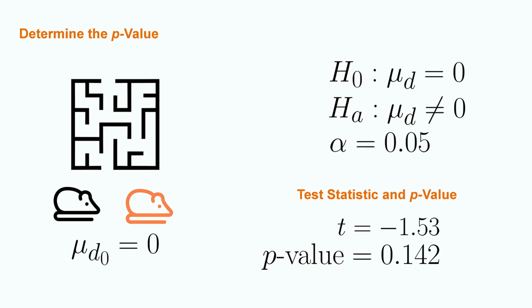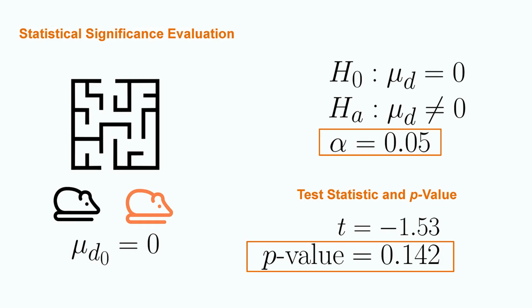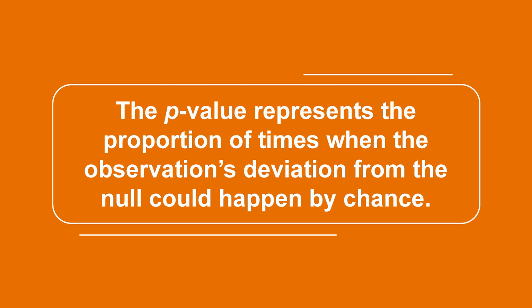At this point, having used the sample data to determine the test statistic and then that to determine our p-value, we are ready for step 4, where we perform a statistical significance evaluation. For this, we must look explicitly at the significance level alpha and the p-value. Recall that the p-value represents the proportion of times when the observation's deviation from the null could happen by chance. If the p-value is smaller than the significance threshold, then this threshold provides us a level of certainty that the observation was not due to random chance.